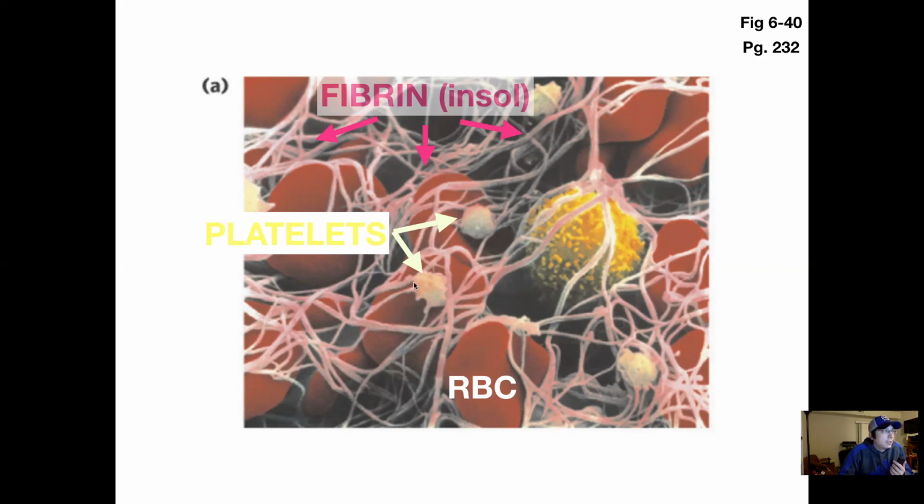But in this case, you can actually see the protein directly because it's forming these long strands. So the stuff in light pink was this mesh-like network that was trapping certain cells within the blood, like red blood cells or the platelets. And this is you forming a blood clot.